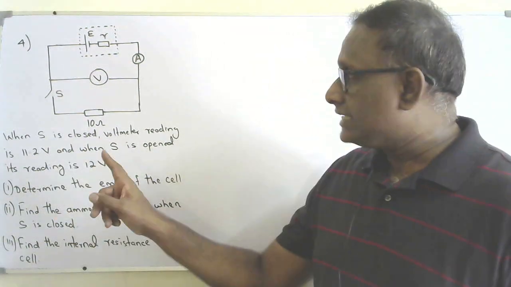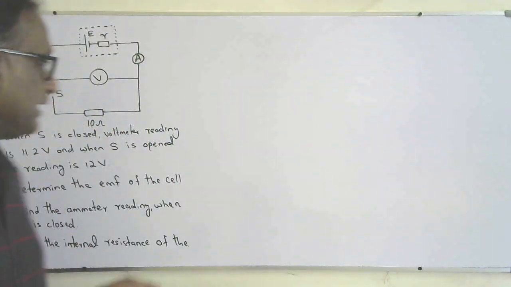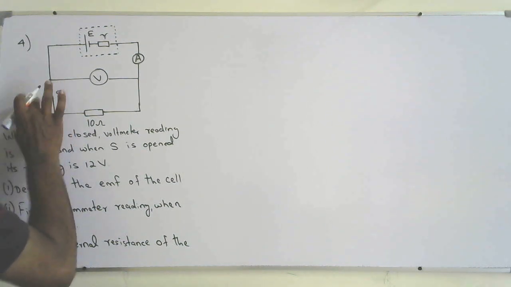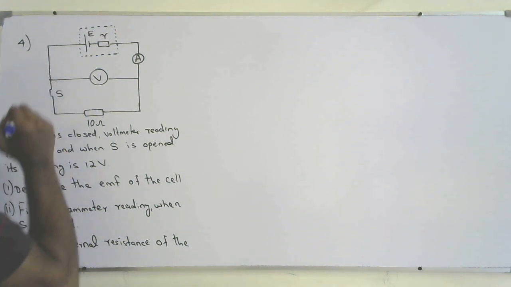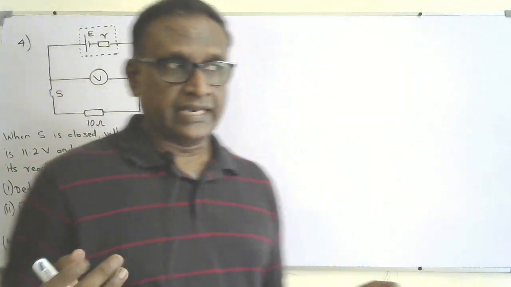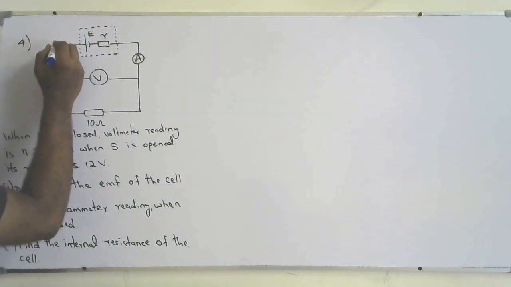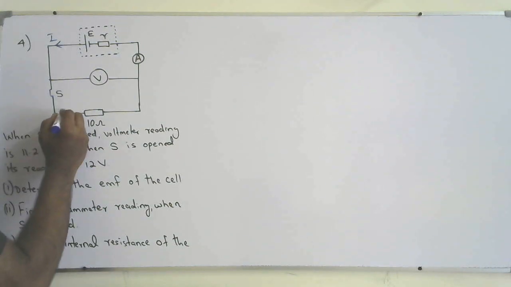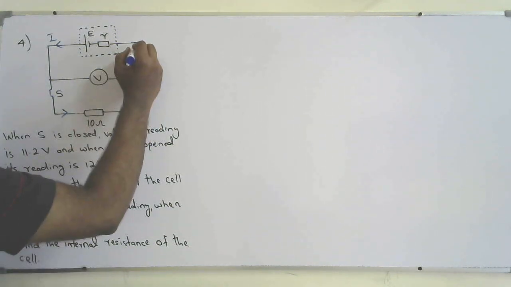Okay, so when S is closed, what will happen? When I close the switch S, no current flows through the voltmeter because its resistance is very large. So the current flowing through the cell will flow through the 10 ohm resistor.